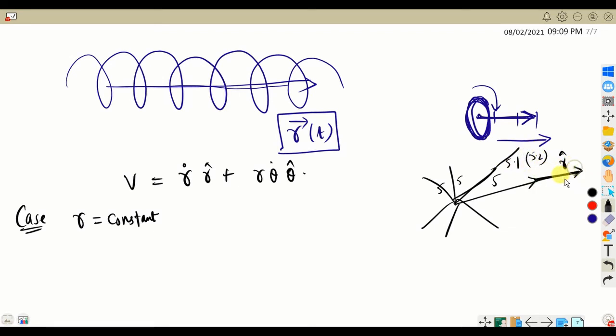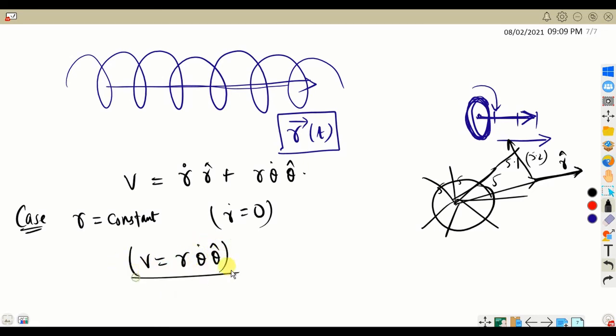That is the meaning of r hat. The change in theta is in the theta hat direction. So r is constant, therefore r dot is 0. I got r theta dot theta hat.